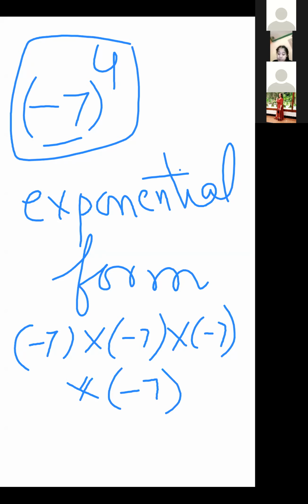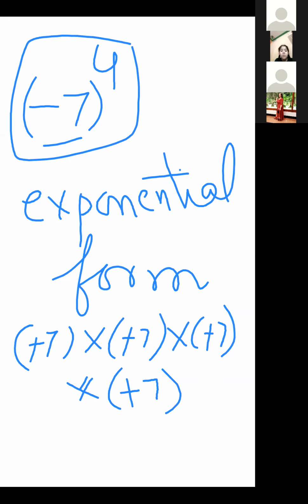So 7 is multiplied 4 times. When we multiply, first we see the signs of the number. As I said earlier, in pairs we cut the minus sign. These two minus cut as 1 pair, and these two minus cut as 1 pair. Now minus will be deleted from this number. Only you have to multiply the 4 sevens and tell me the answer.